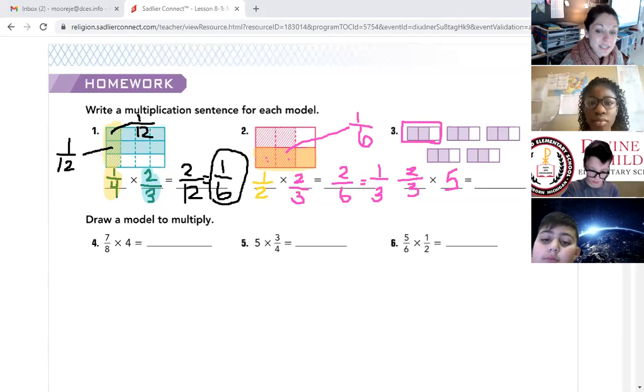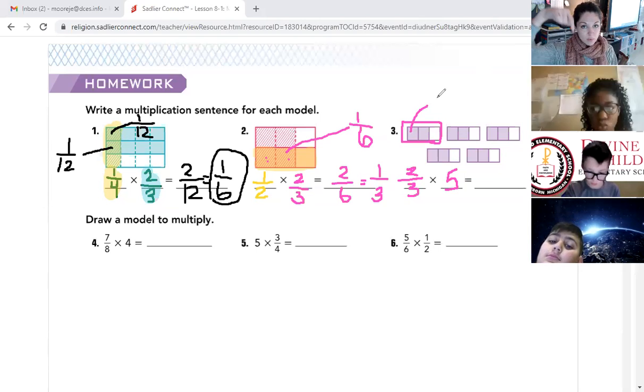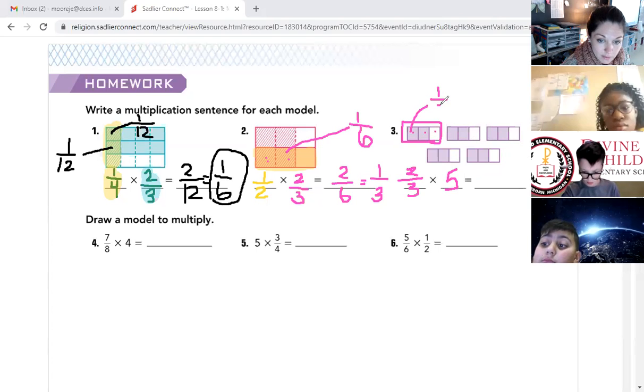So still, I do need to know what's the value of one of these pieces though. So if this is one whole and I'm pointing to one of those pieces, what's the value of one of those pieces? 1 what? How many are in the whole? 3, right? So that's one of the 3 pieces, isn't it?